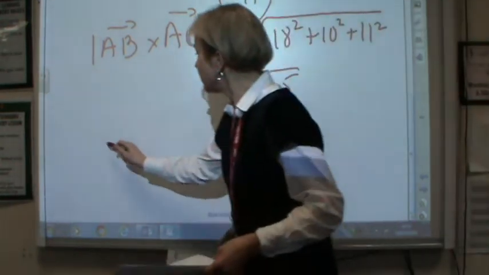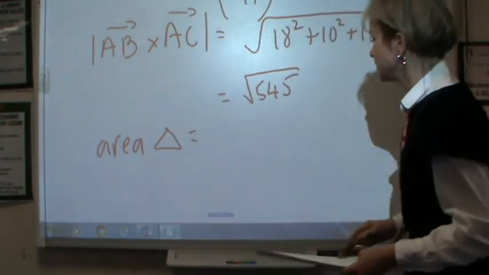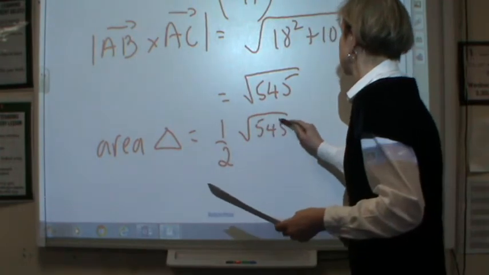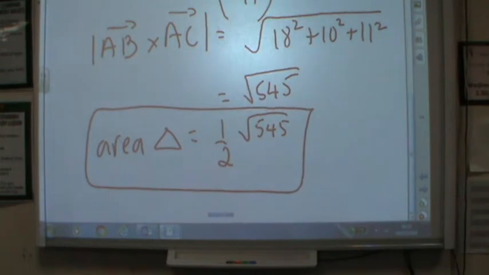So the area of my triangle is going to be a half times the cross product. So that's how we find the area of a triangle.